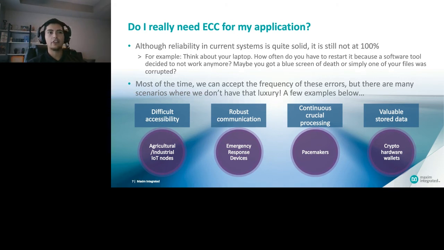Maybe in an agriculture or industrial IoT node, you have sensor nodes across a field, or across an industrial manufacturing facility. If you have hundreds or thousands of these devices, and they're failing at once every month, or something funky is happening to them every month, you would require a technician to go out and reset the systems every time you see some type of issue like that.